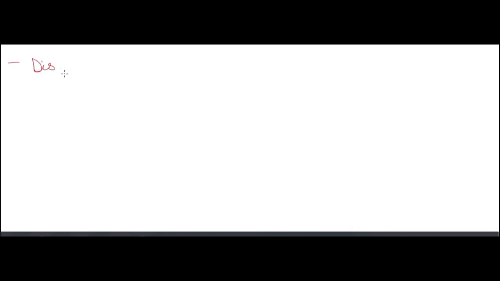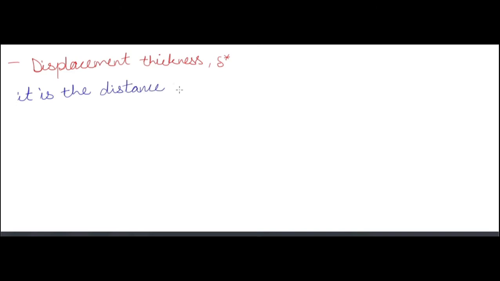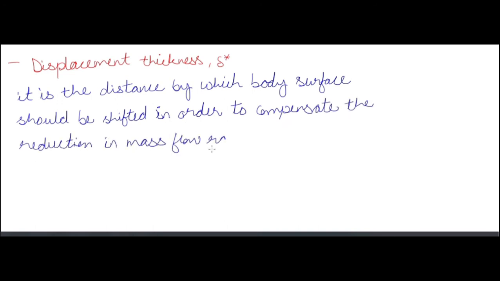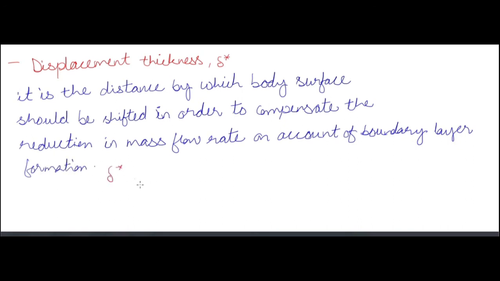Now the displacement thickness, delta star. This is the distance by which the body surface should be shifted in order to compensate for the reduction in mass flow rate due to formation of the boundary layer. So delta star is the displacement thickness, and delta is the boundary layer thickness.